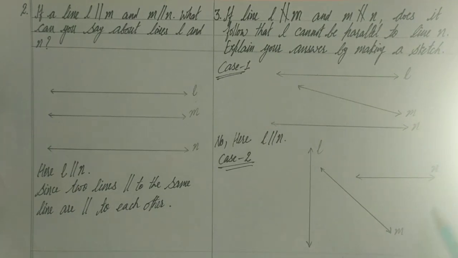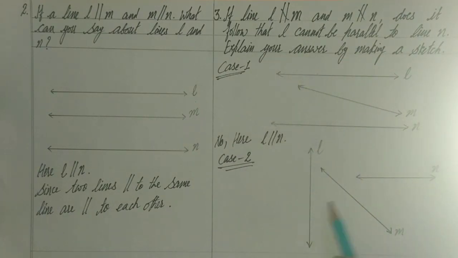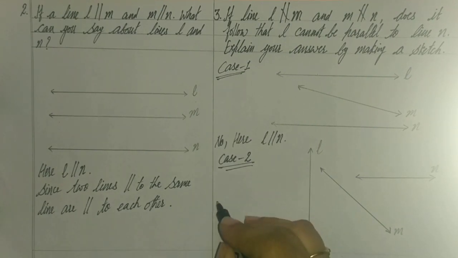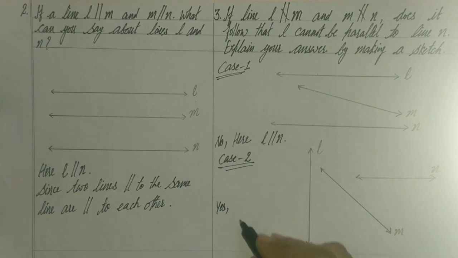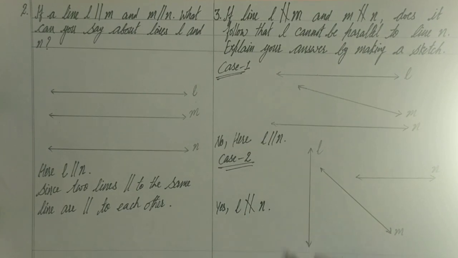Because here, as you can see, M is not parallel to N. Does it follow that L cannot be parallel to N? Yes. If the figure is drawn in this way, then we can say yes, L is not parallel to N.